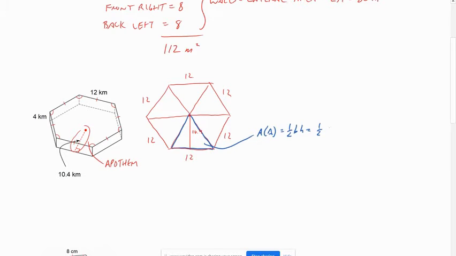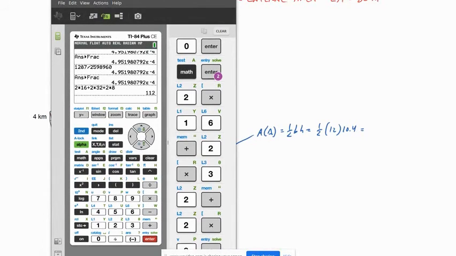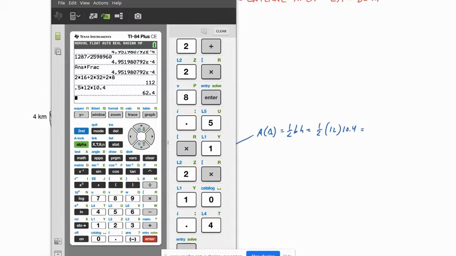So that's 1/2 of base 12 and height 10.4. And so 0.5 times 12 times 10.4 is 62.4.